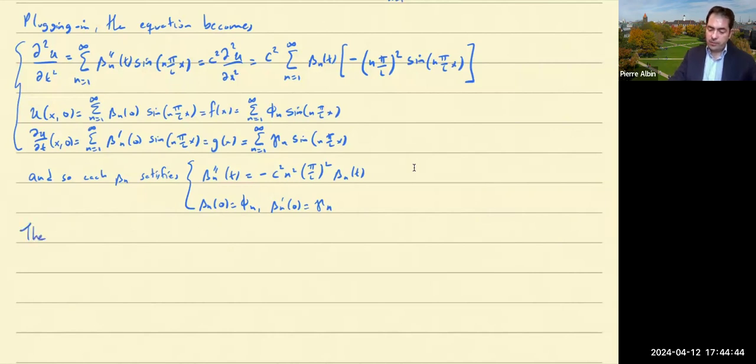The general solution of this equation is beta n of t equals some constant a times cosine of c n pi over L t plus some coefficient b times sine c n pi over L t.